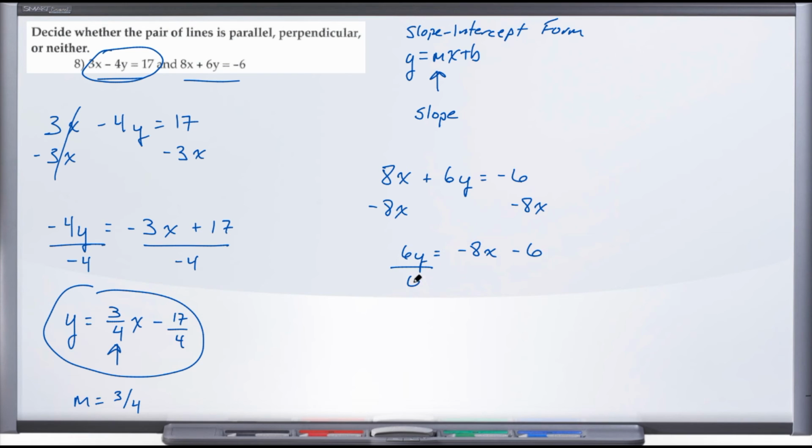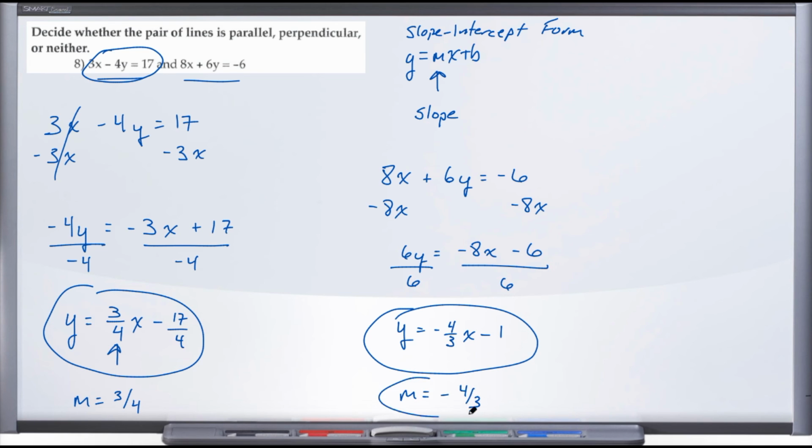And then we'll divide by 6, and we're left with y equals negative 8/6, which is going to reduce to negative 4/3 x, and then minus 1. And so now we can see that the slope of the second line here is negative 4/3.